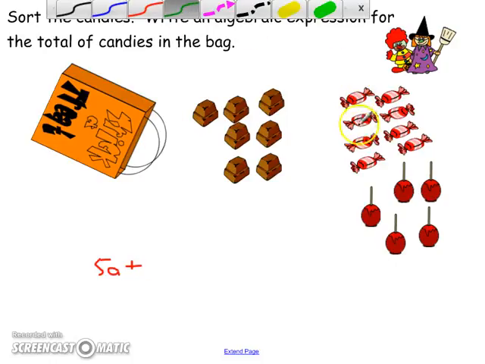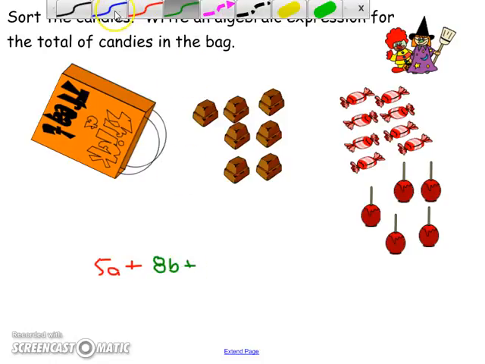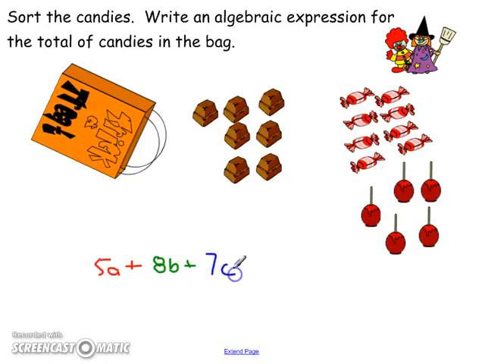You'll notice I have 1, 2, 3, 4, 5, 6, 7, 8: 8 B's, 8 bubble gums. Also in the bag, on top of that, I have other things. The colors that I'm using here are not important; I'm just using a different color. 1, 2, 3, 4, 5, 6, 7: 7 C's for chocolate.